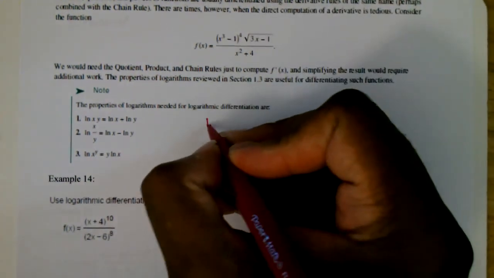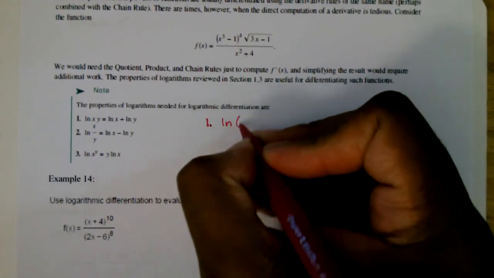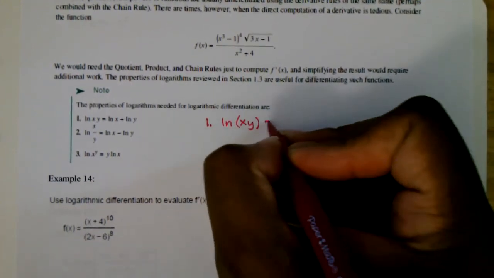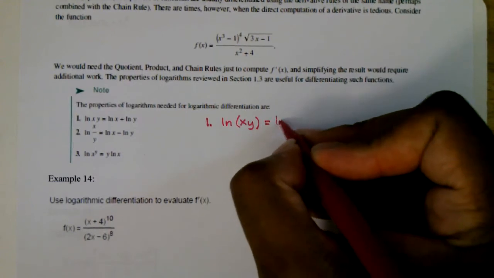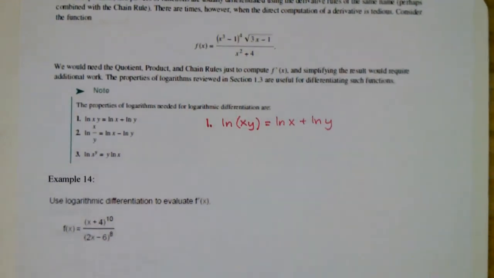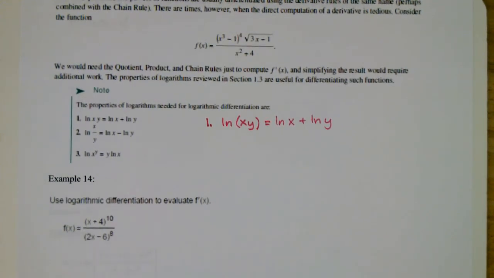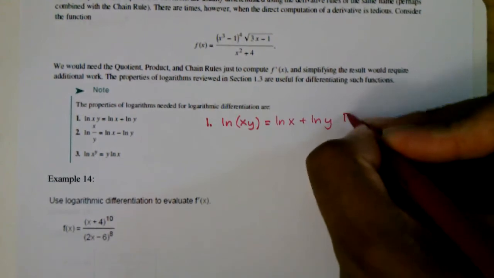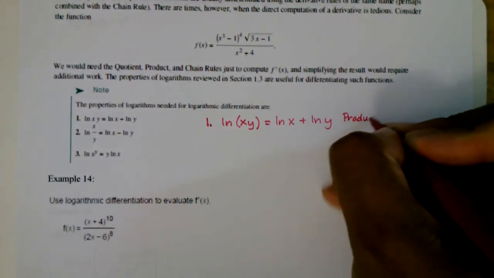If you have the natural log of the product, x and y, we can expand that as a sum of the individual logarithms. ln of x times y would be ln of x plus ln of y. We call that the product rule for logarithms.